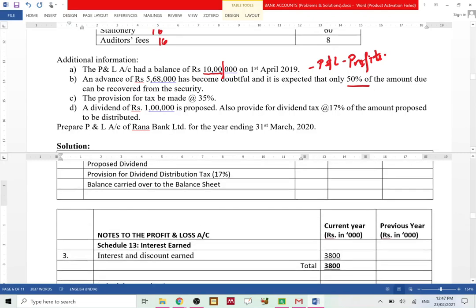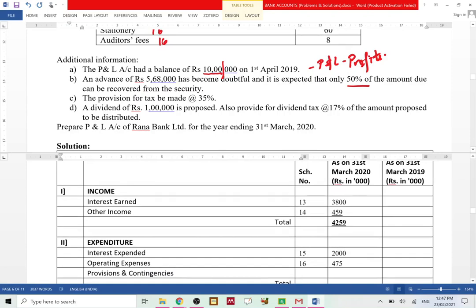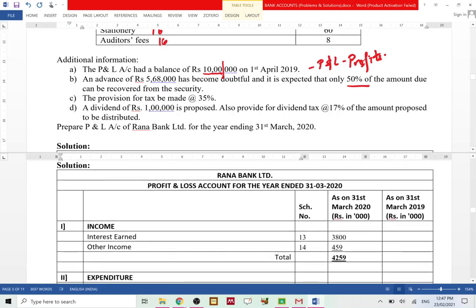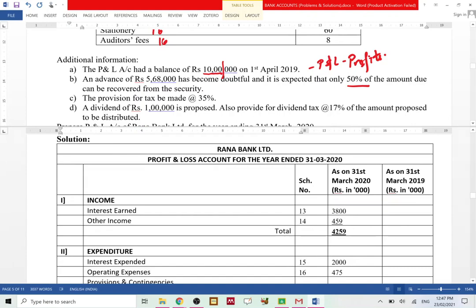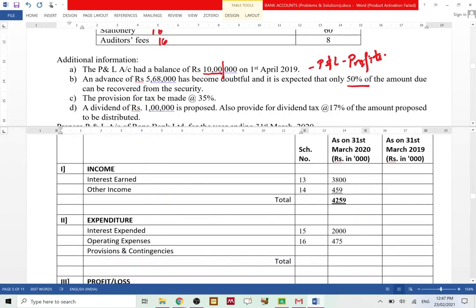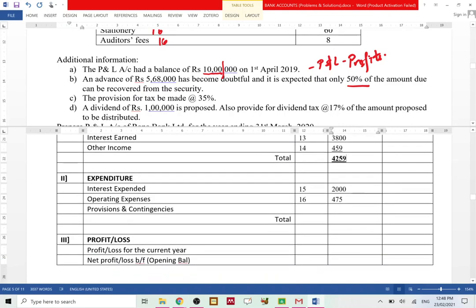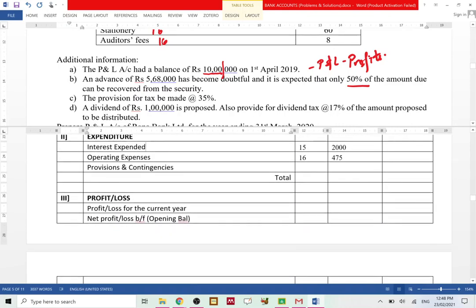Now, going back to our solution, let's look at our profit and loss account and see what else is remaining to be entered in the profit and loss account. Income, interest and other income we have added. We got a total. Expenditure, interest and operating expenses we have added.